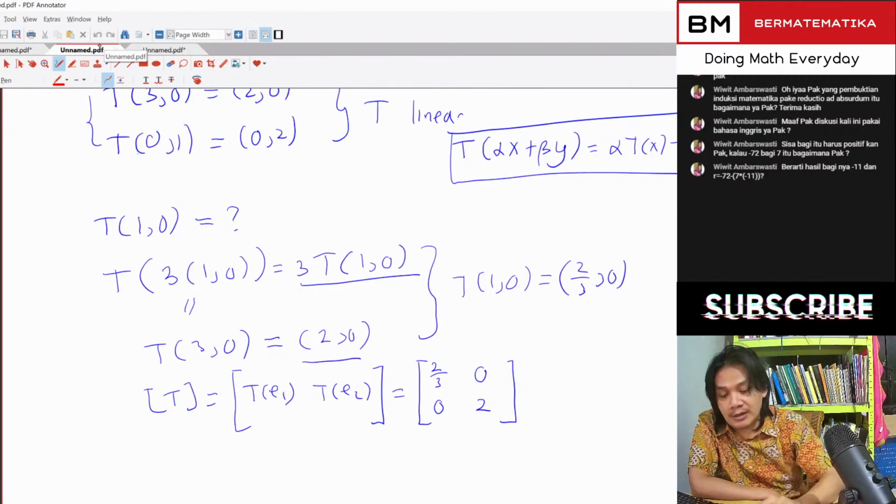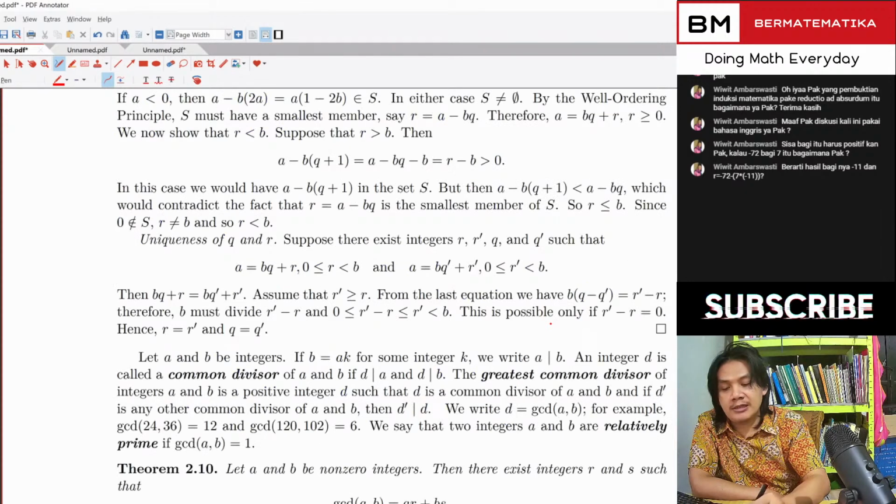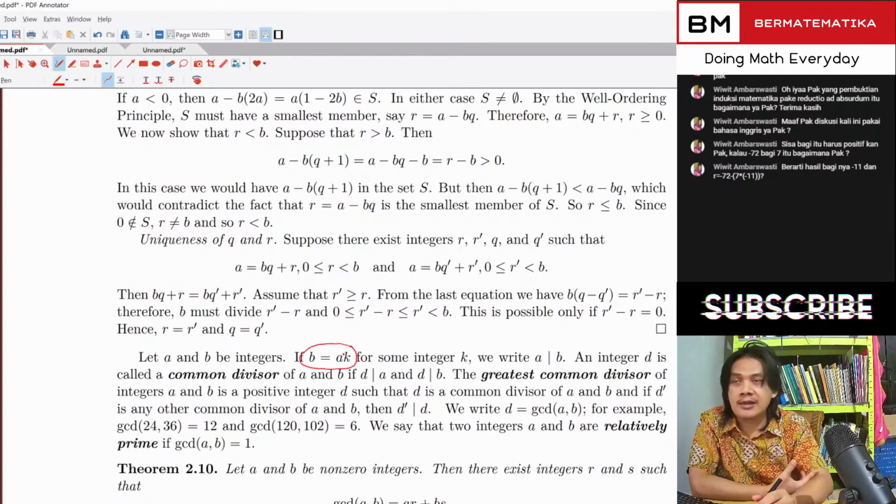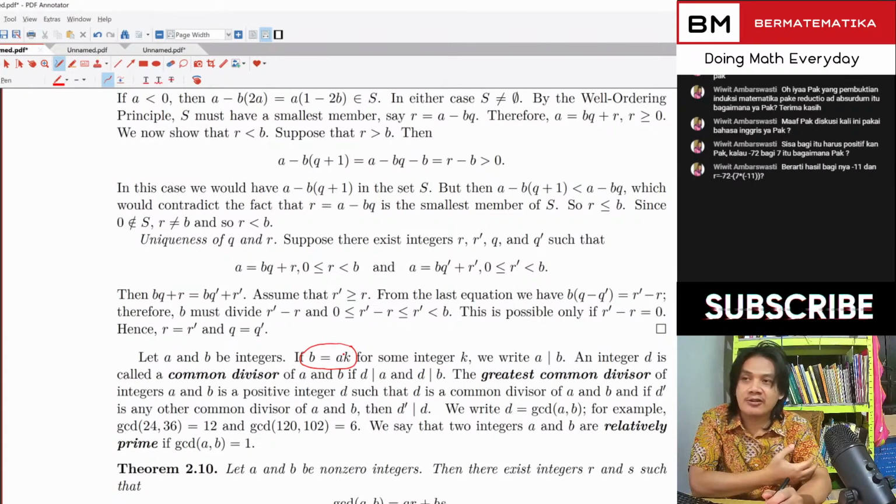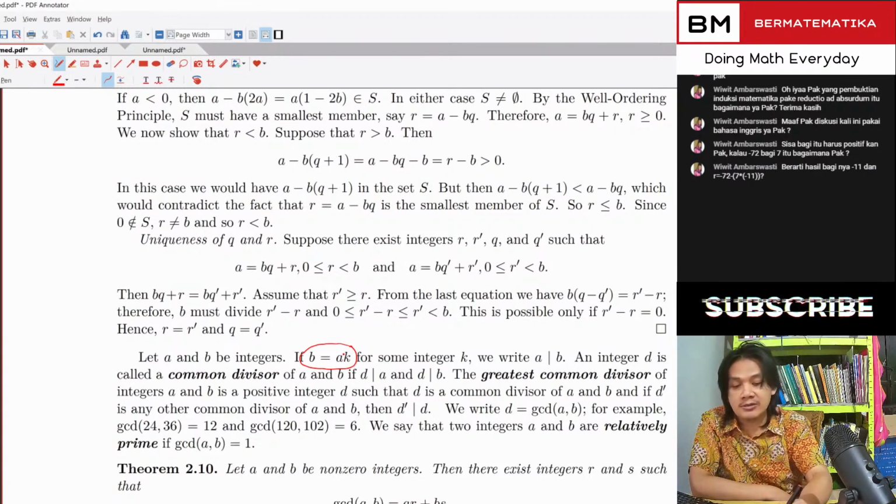Okay, so next one is about common divisor. So when we say that A, B, and K are integers, and when we have B equals A times K, then we say that A divides B, or A is a divisor of B, and we use this notation.